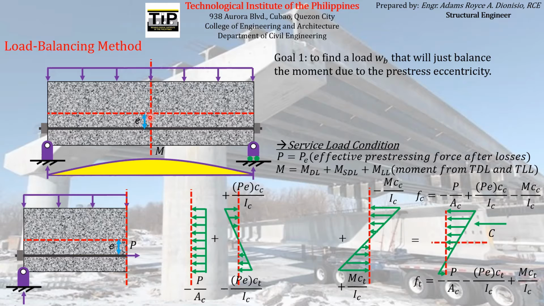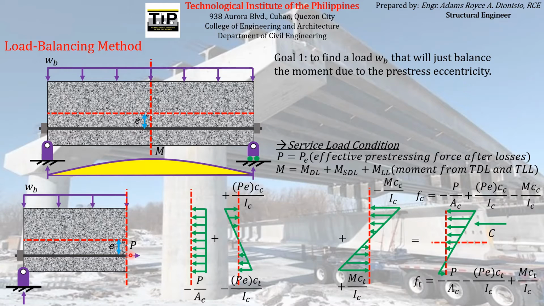by the moment that will be induced at midspan by this balanced load that we want to find on our first goal. So we have to find a load W sub B that will produce bending moments, especially at midspan, which will just balance the eccentric moment that will be produced by the pre-stressing force.